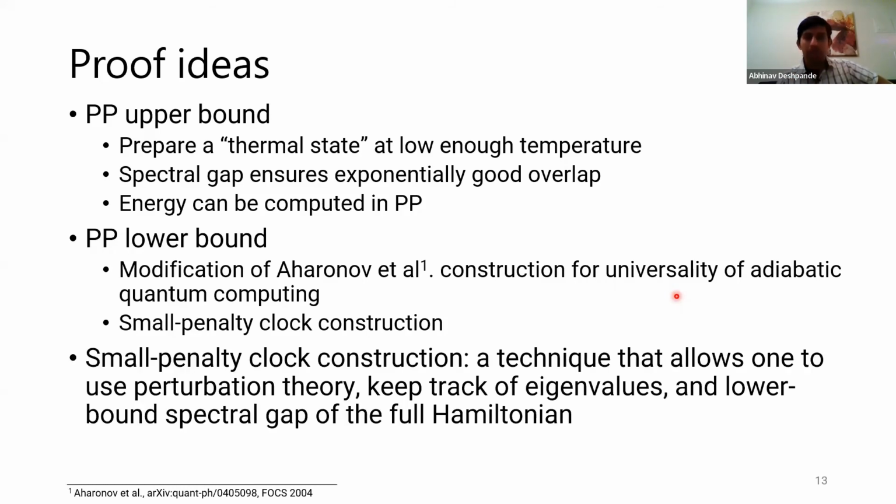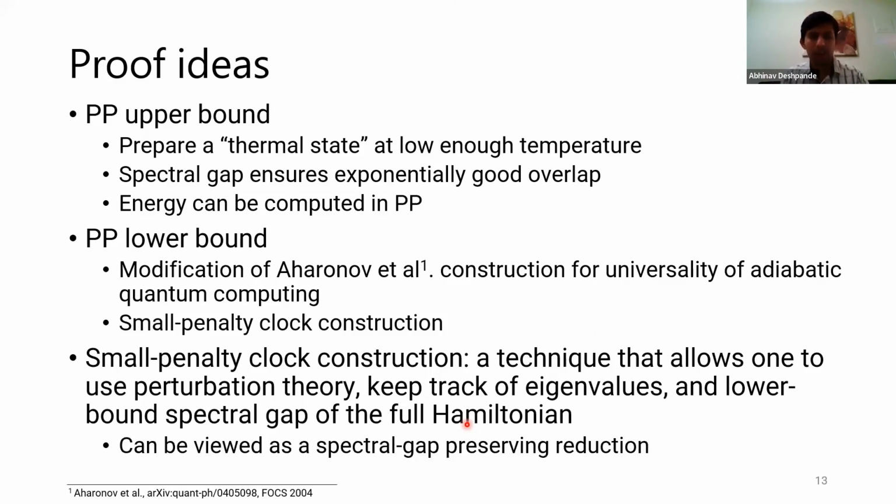And this is a technique that we've come up with, which allows one to use perturbation theory and helps keep track of eigenvalues and helps you lower bound the spectral gap of the resulting Hamiltonian that you get after the reduction. So in other words, it can be viewed as a spectral gap preserving reduction.